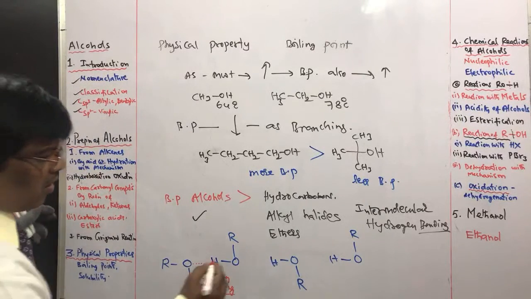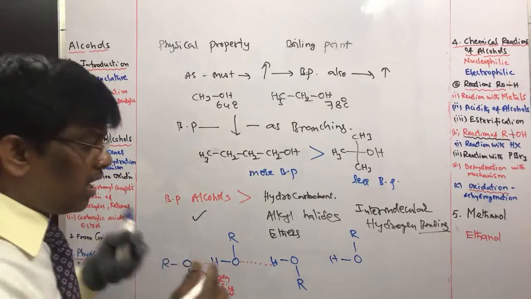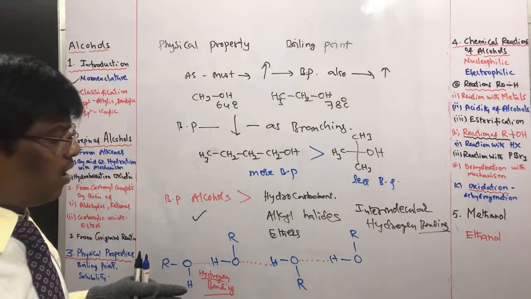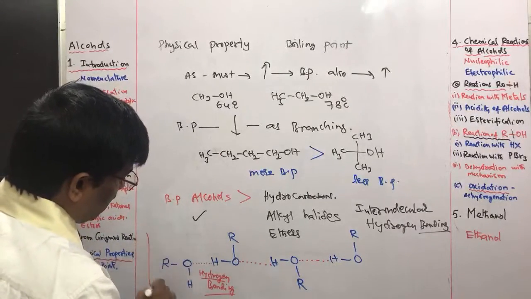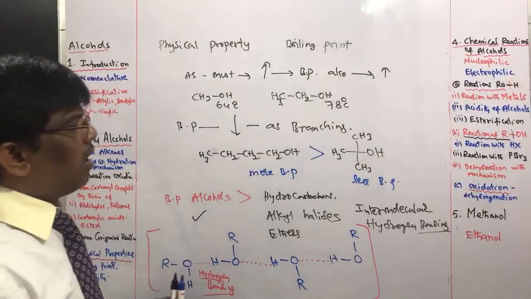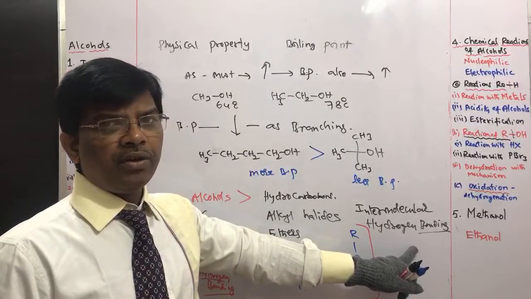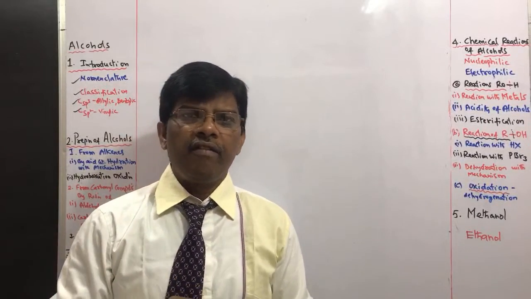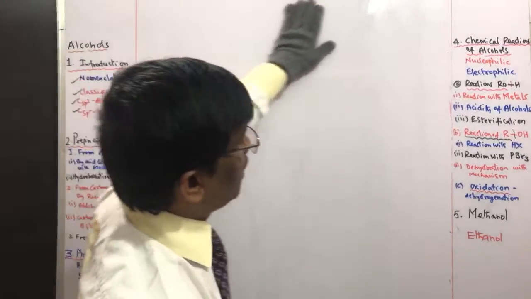Because of this intermolecular hydrogen bonding, these molecules are tightly close to each other and systematically packed, and van der Waals forces also play a role, so the boiling point increases. So the boiling point of alcohols is more than these compounds because of intermolecular hydrogen bonding. Yes, students, alcohols are high boiling solvents compared to hydrocarbons of similar molecular weight.